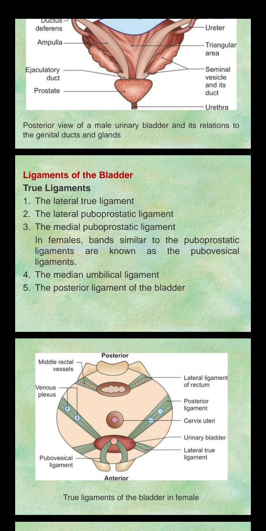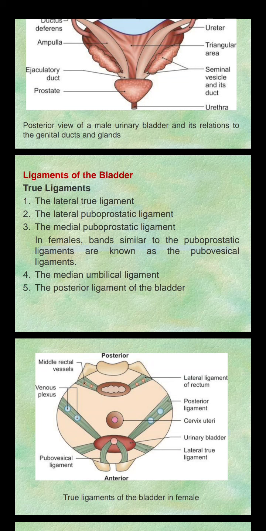So what is a tendinous arch? This is the thickened whitish band of fascia which gives origin to the muscles which are present in the pelvic area.